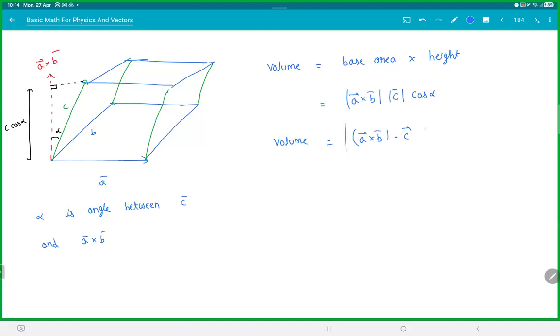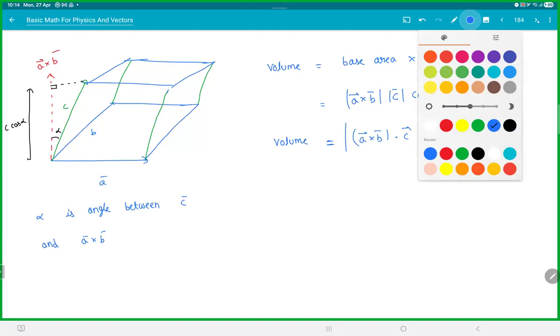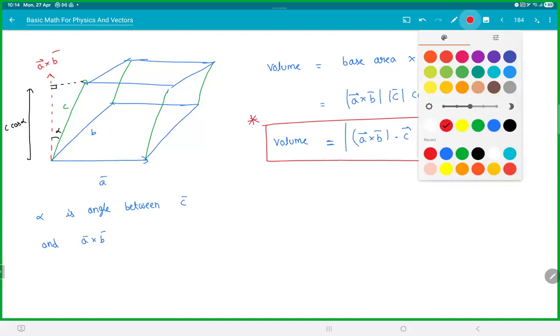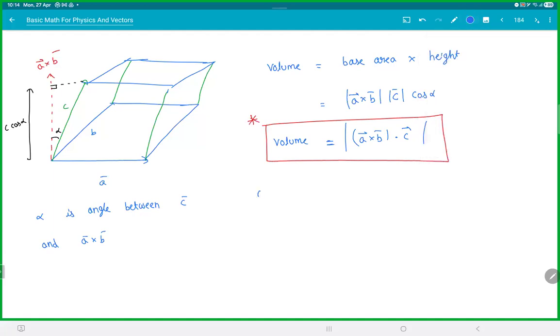So the base area into height will give you the volume of a parallelepiped. So put just a mod for this. So this is the volume of a parallelepiped. That's your first formula. Next thing, what if the box product is 0? If box ABC is 0, what does it imply? This implies volume is 0. But what does that mean?